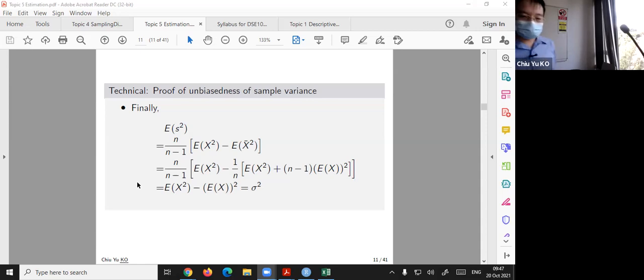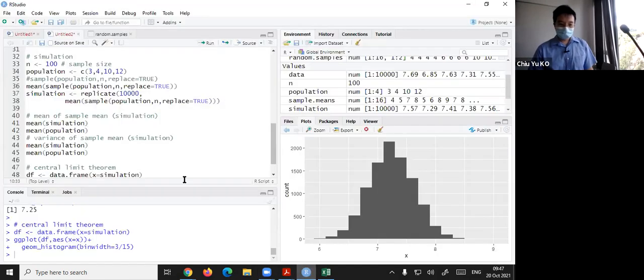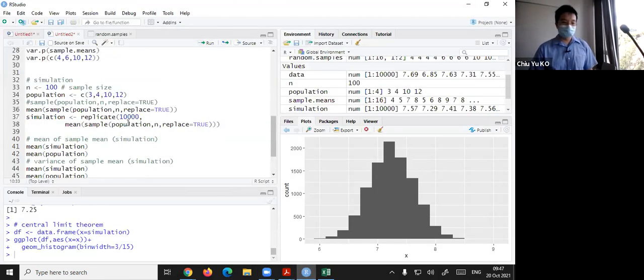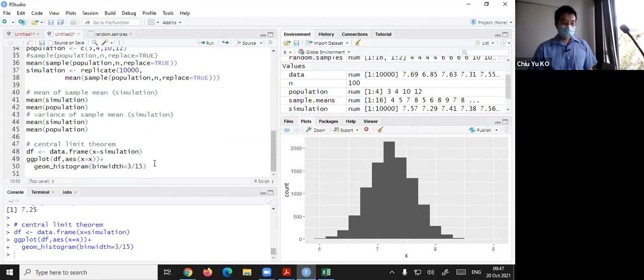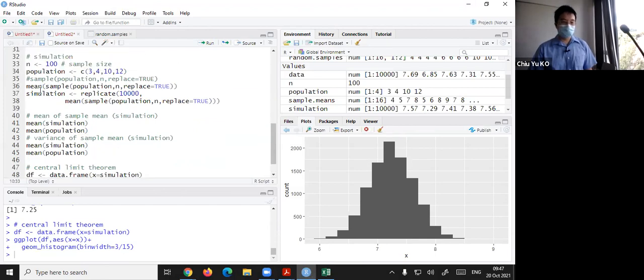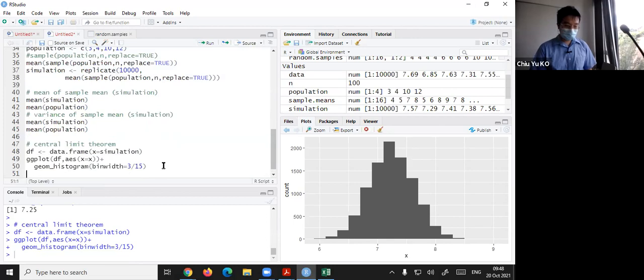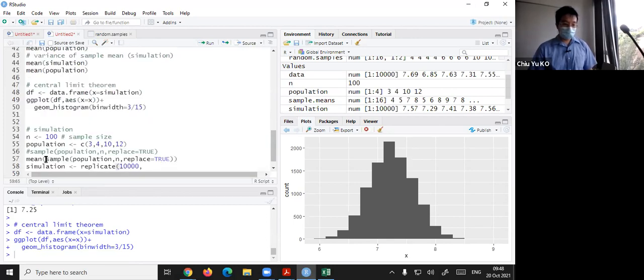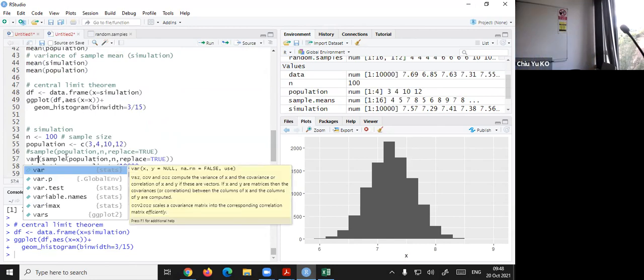Say for example, the following. Maybe I can just show it here. So instead of calculating the sample mean, I just do it here. I calculate the variance. Note that this variance is the sample variance here.